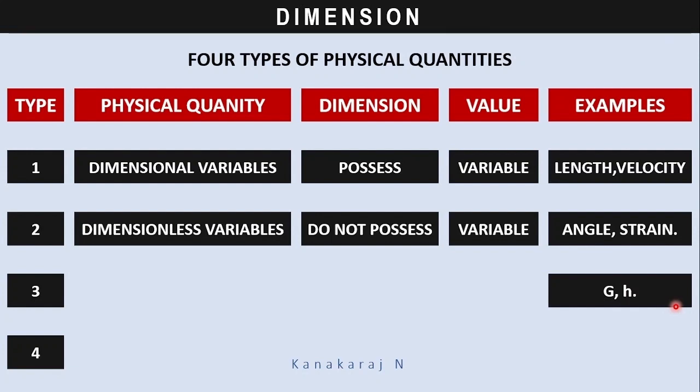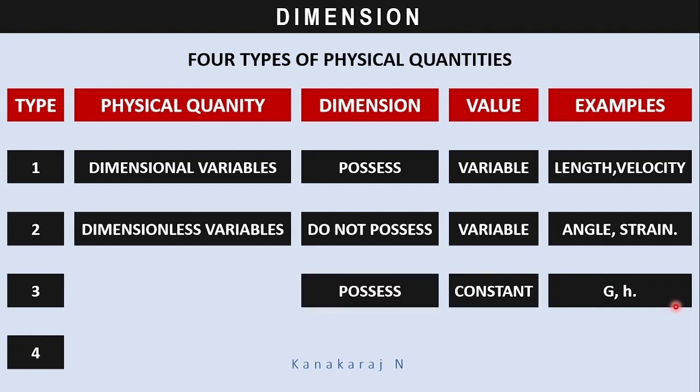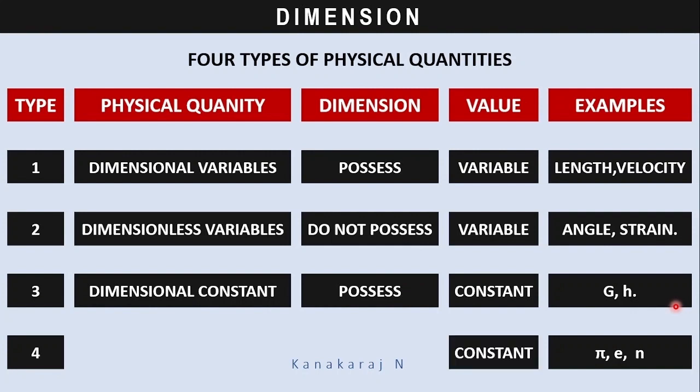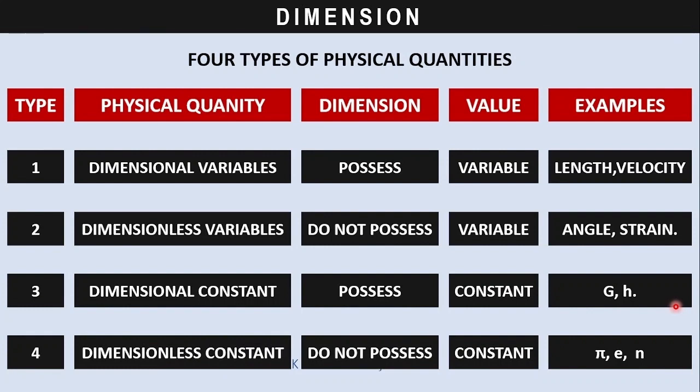And the gravitational constant and Planck's constant: these constants' values are not changing, they are constant, and they do possess dimension, so they are called dimensional constant. Pi, e, and natural numbers do not possess dimension, but their values are constant, right? So they are called dimensionless constant.